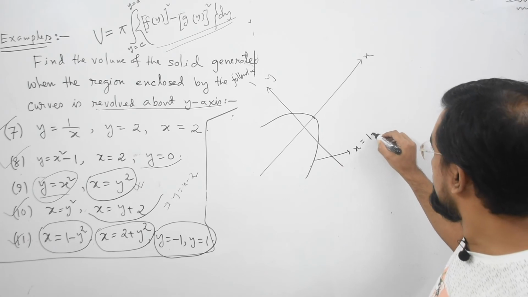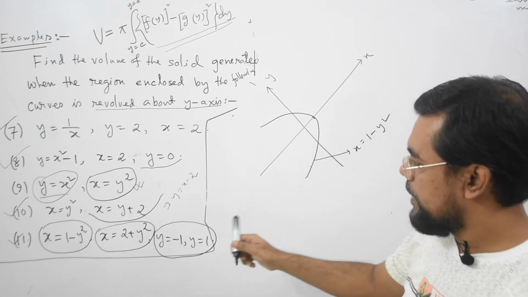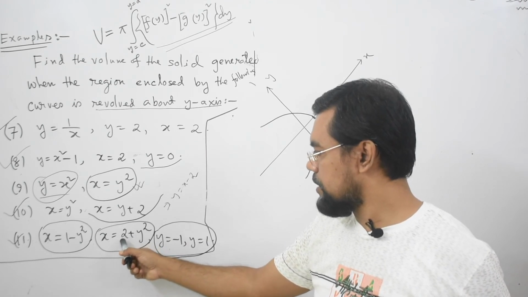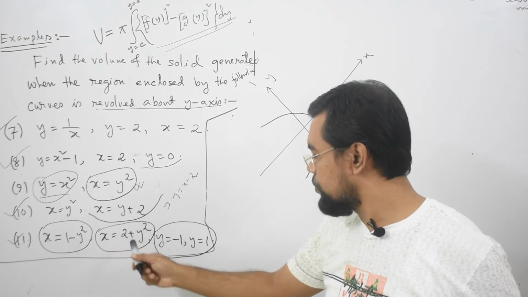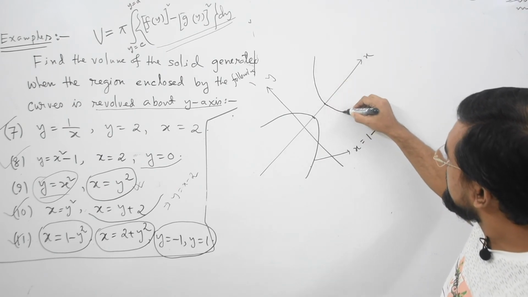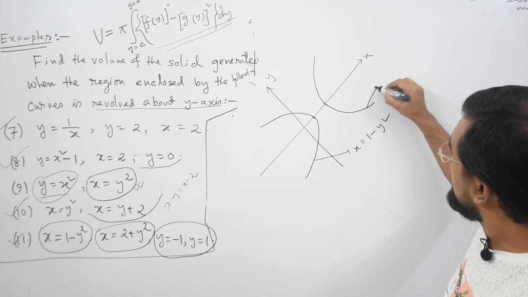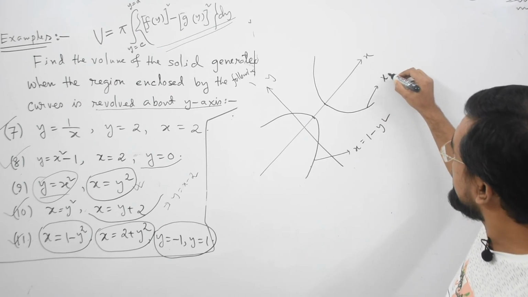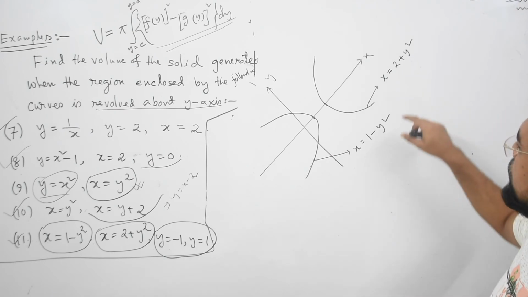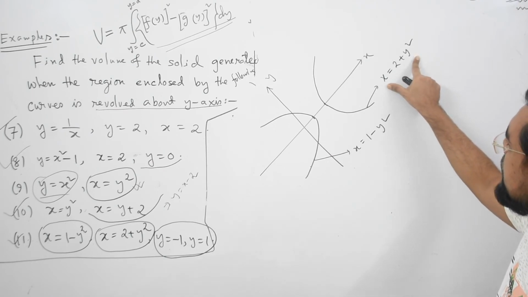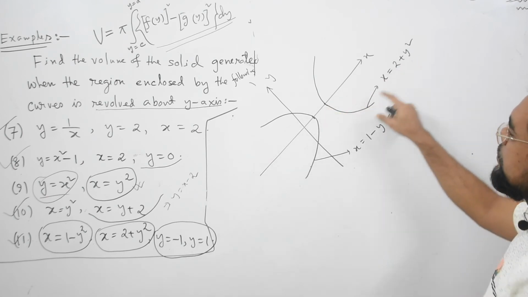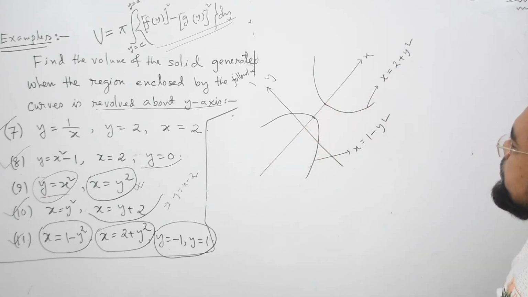The other one is x equals y squared plus 2, which opens right but the vertex will be at 2. So 2 is here, and this is the second graph, x equals 2 plus y squared. Since we know x equals y squared is a parabola which opens right with vertex at the origin, but here the vertex is at 2, because you need to add 2.